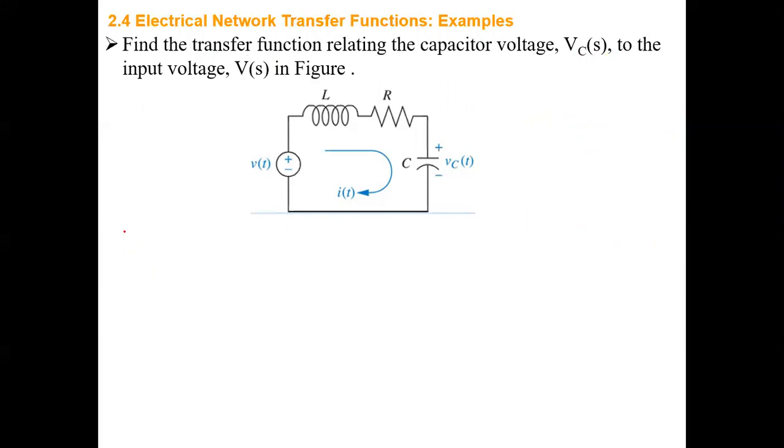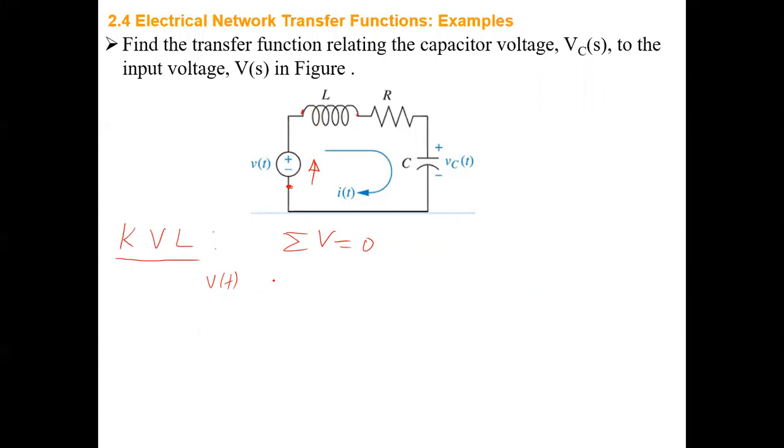To write the differential equation, use KVL, Kirchhoff's voltage law. So summation V equals 0 in the loop. Let's start from here. You go up, so you have Vs, positive. Then what else? What is the voltage drop here?